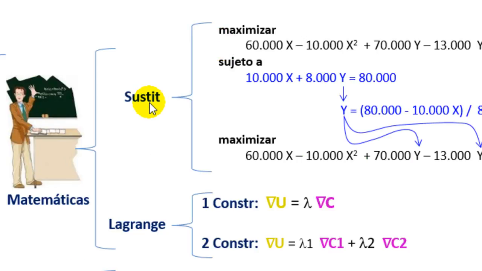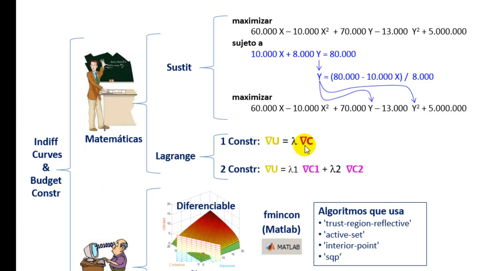If we use Lagrange, then we have seen that the basic concept, the foundation, is that you take the gradient of the utility function and force it to have the same direction as the gradient of the constraint function.